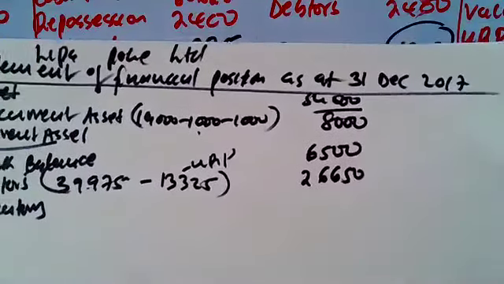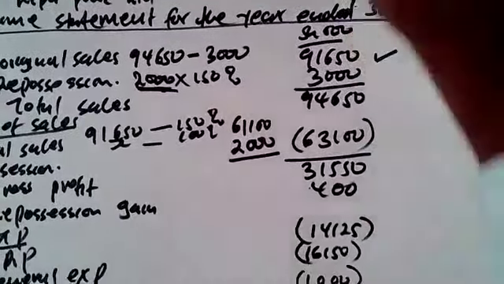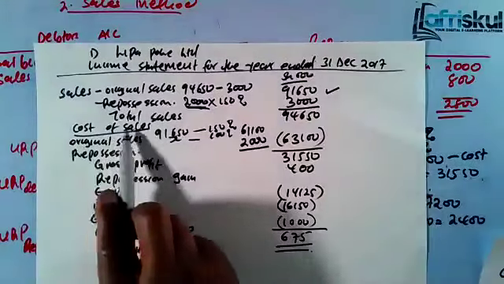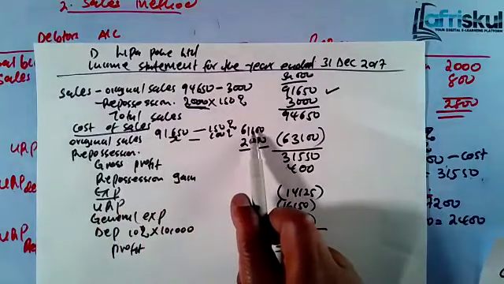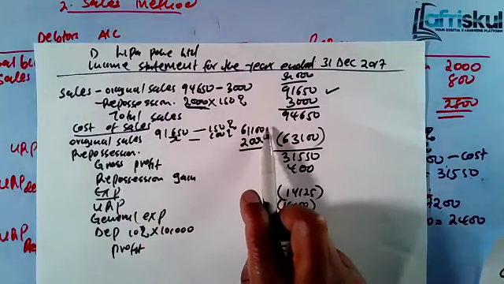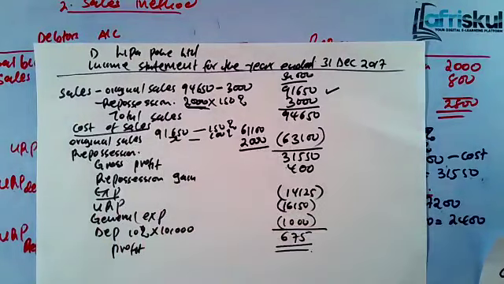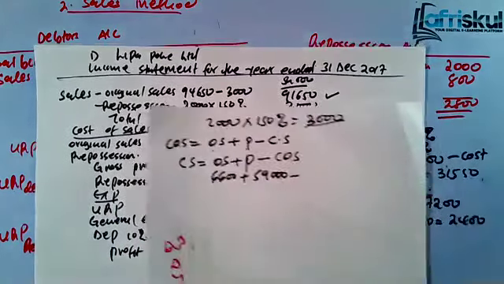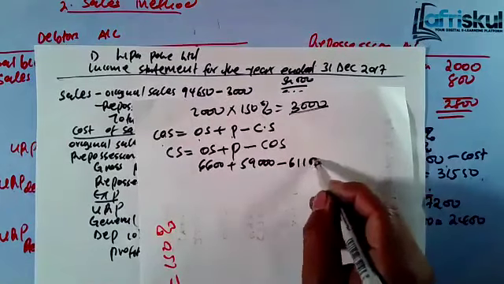Now for the cost of sales, you only take the original sales, 61,100, because the repossessed goods have been accounted twice. So only take the 61,100. What do you get?